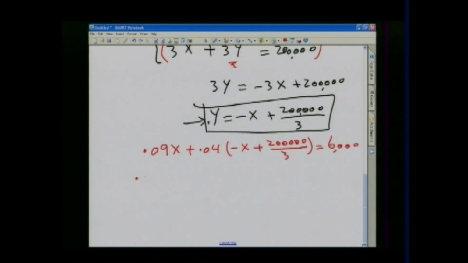So 0.09x minus 0.04x plus 0.04 times 200,000, which is 8,000, divided by 3, equal 6,000.